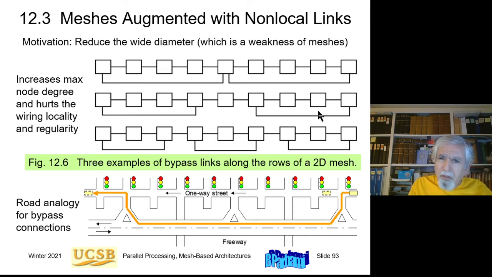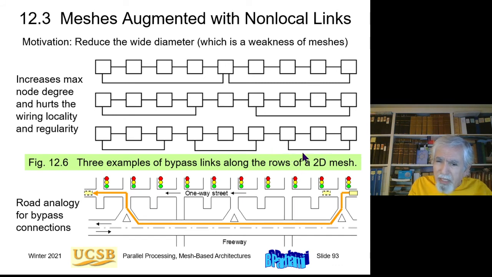Okay, so that irregularity can be cured in the following way. So suppose these are rows of a mesh, okay, and then this doesn't have any extra links, but I can use extra links in the column for that.